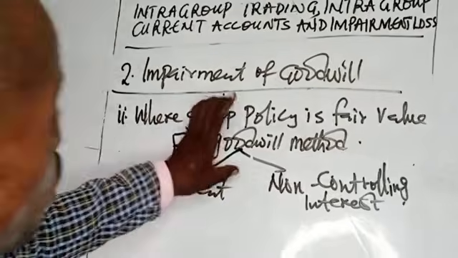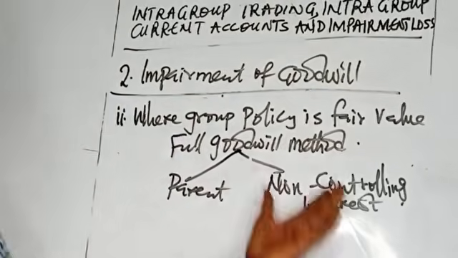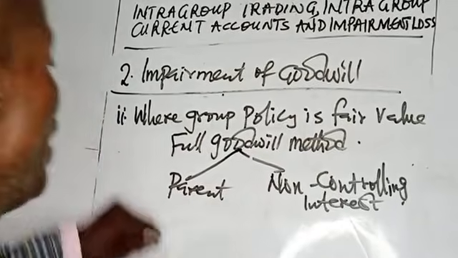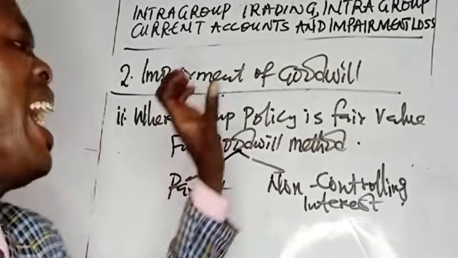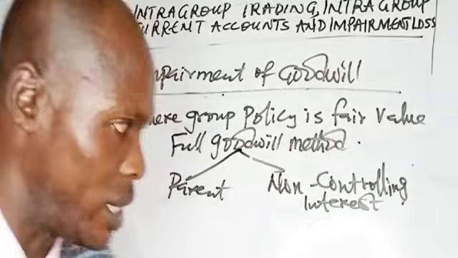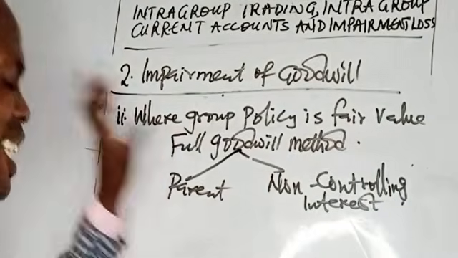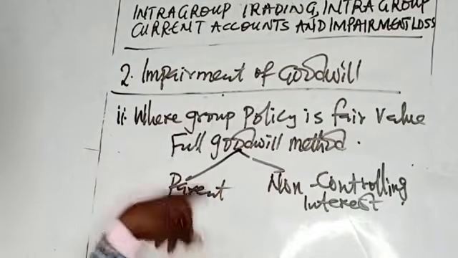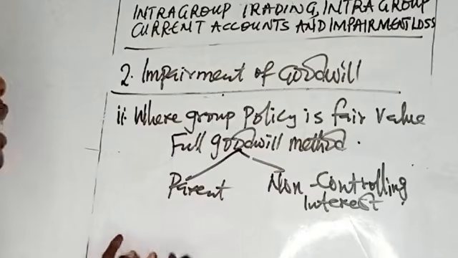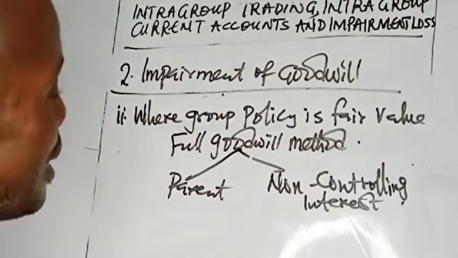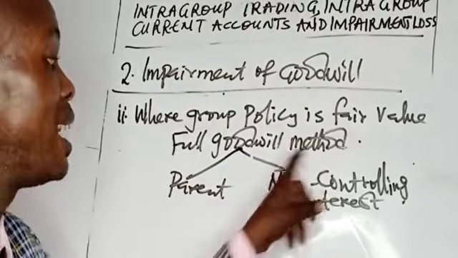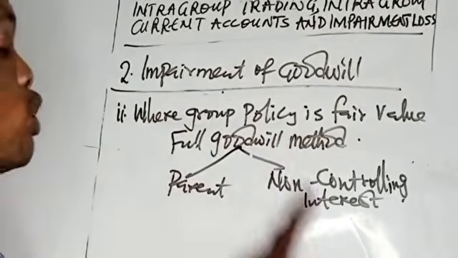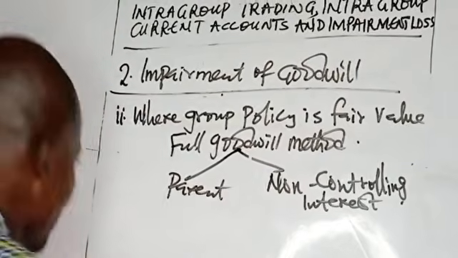So if goodwill calculated under this method is impaired, the impairment loss should be shared between the parent company and the non-controlling interest based on the parent stake in the group. You apply the parent company percentage on the impairment loss. You deduct the parent share from the retained earnings of the parent, and the remaining NCI share from the calculation of NCI. But I've told you to avoid such ambiguity.